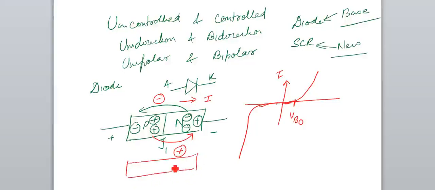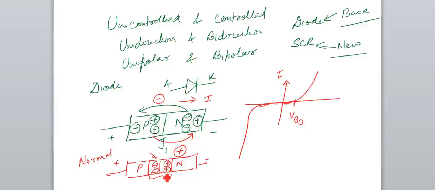This is the layer of your electrons, the immobile layer where there is no mobility, and you need to break this. Normally the diode characteristic is like this only.